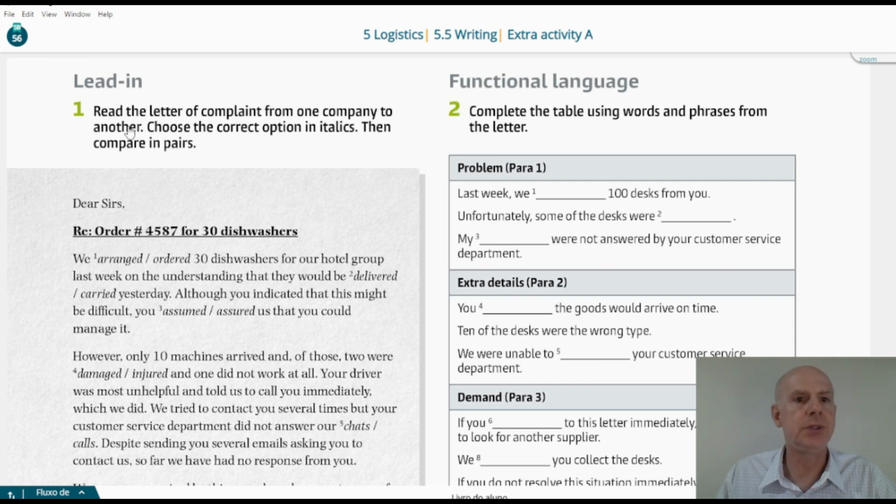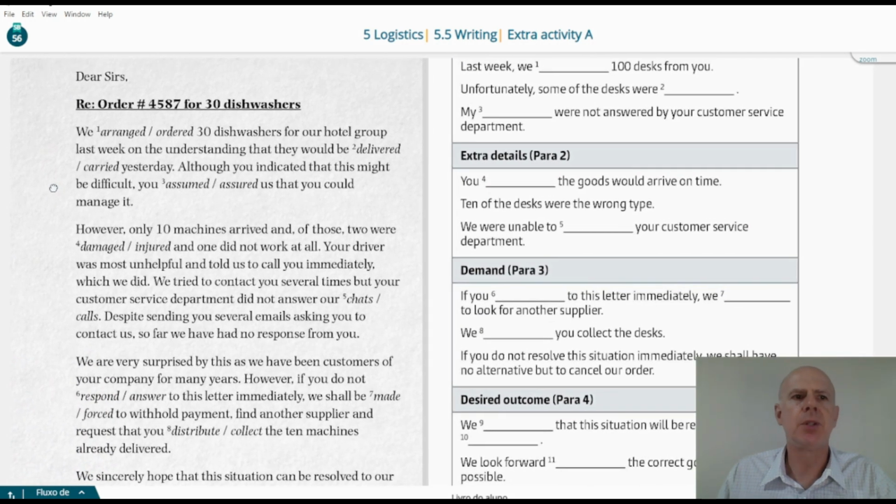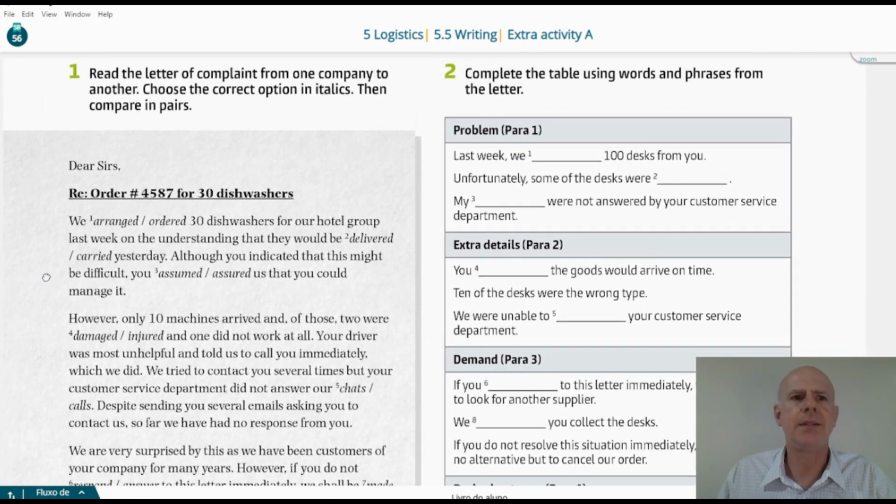What is it about? We have a letter of complaint from one company to another. It's an example exercise. Very nice, by the way. We have to choose the correct option in italics and then compare in pairs. Well, as this is a video, I'm going to read and then we are going to check the answers.